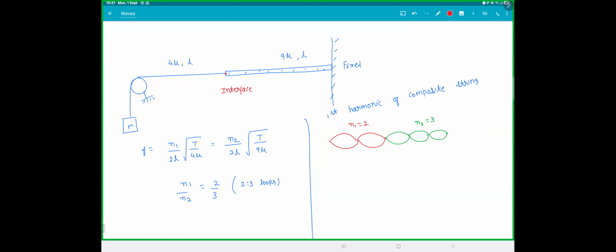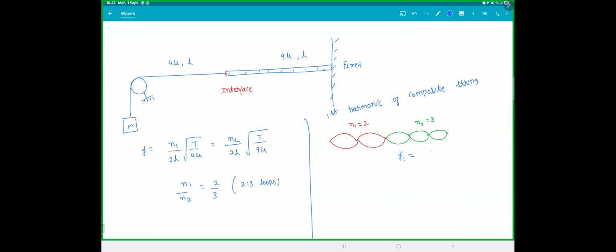You getting it? So the second harmonic of the left string and the third harmonic of the 9 mu string is the first harmonic of the composite string. Is that making sense? So again, understand the meaning of first harmonic: the minimum frequency for a stationary wave to form. So the minimum frequency is when N1 is 2 and N2 is 3. So the second harmonic of the 4 mu string is the first harmonic for the composite string.